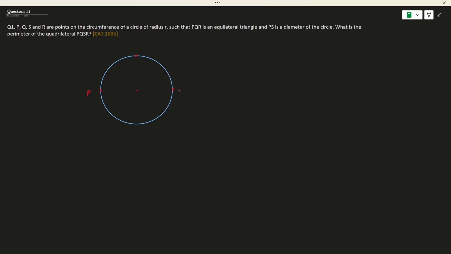So I have P and S here, and PQR is an equilateral triangle. Let's assume that Q is here, and then point R is here.